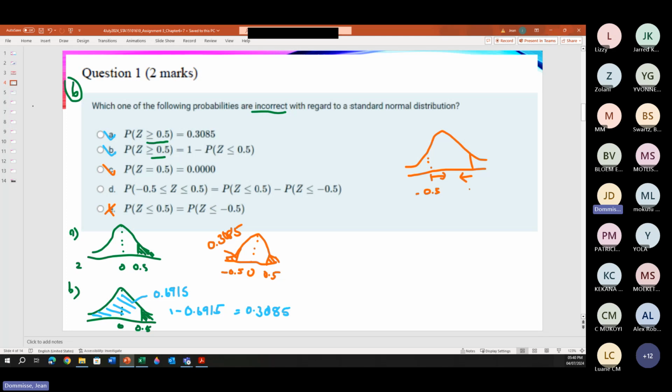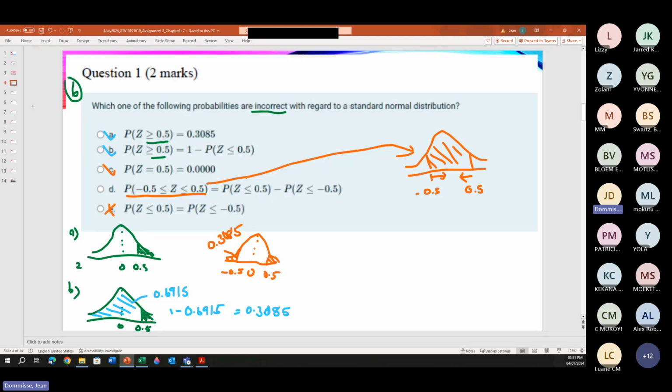So in this instance, we're looking at the area between those 2 points. Z bigger than minus 0.5, but Z smaller than 0.5. So that component is that. Let's see if it is true what they're asking us.